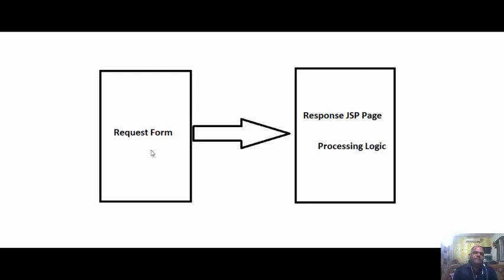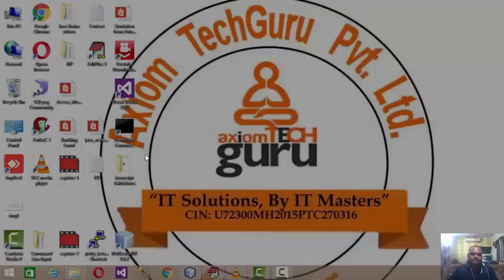So in this way, from a far away location, n number of users connecting to the web server are sending their requisite data, going to post their requisite data, and the server side JSP page will read that data and be able to develop the response on it. Let's discuss all these things practically in today's session.